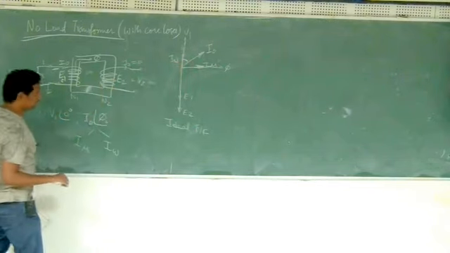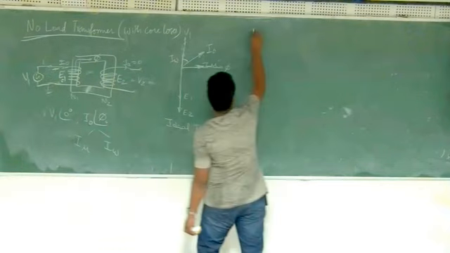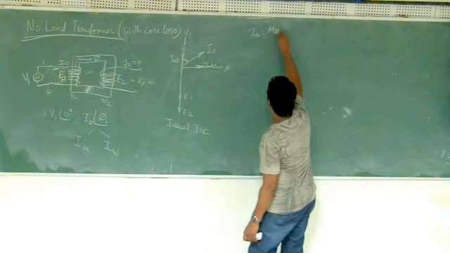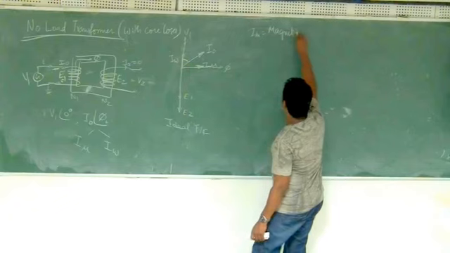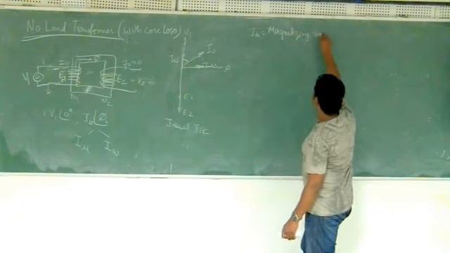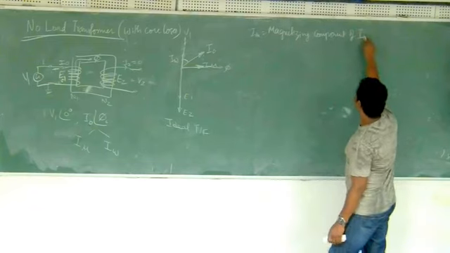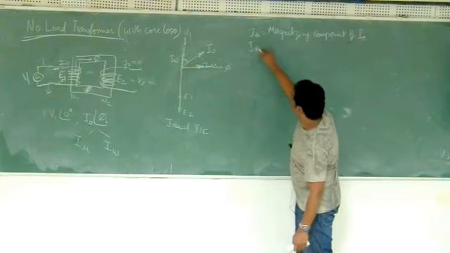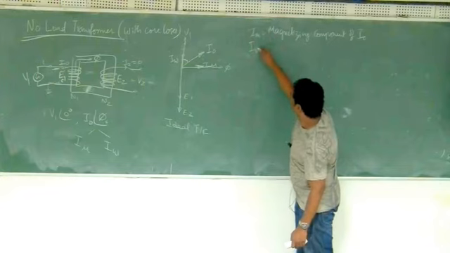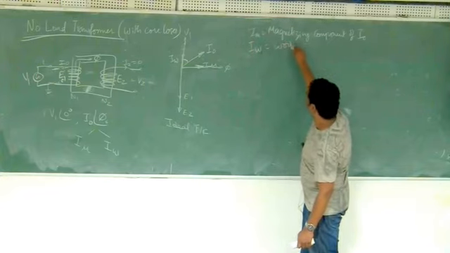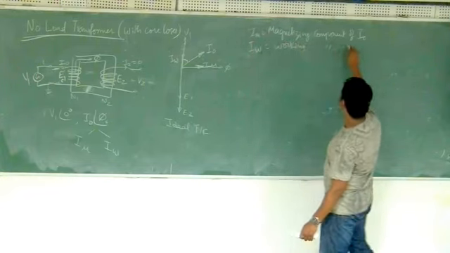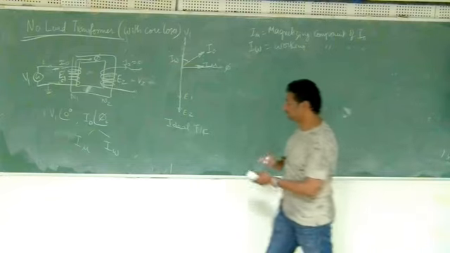The terminology is: I mu is the magnetizing component of I0, and IW is the working component of I0. This is just the terminology.